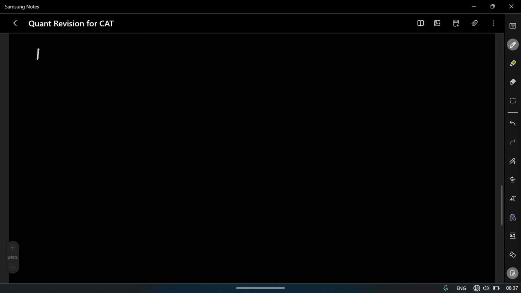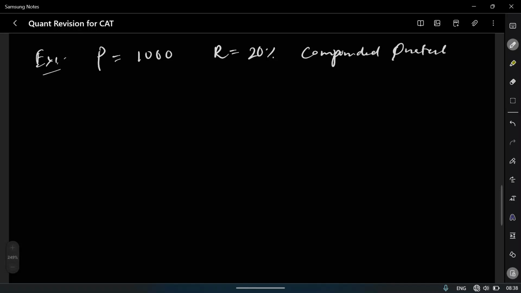Suppose let the principal amount be 1000 rupees, and if it is given that rate of interest equals 30%, no, let's consider rate of interest as 20%. And if it is given in the question that it is compounded quarterly, since here the rate of interest is given for 1 year, 20% for 1 year means 10% for 6 months.